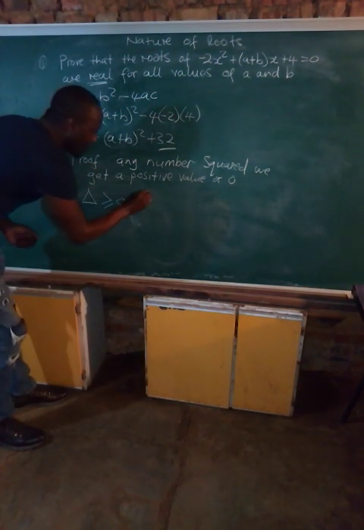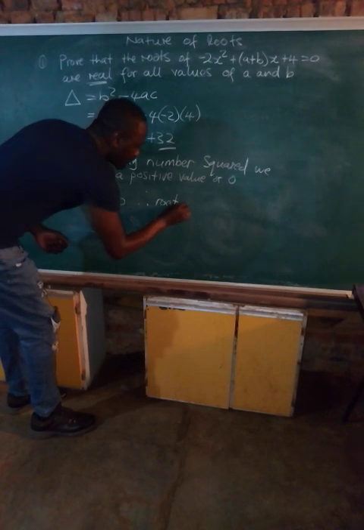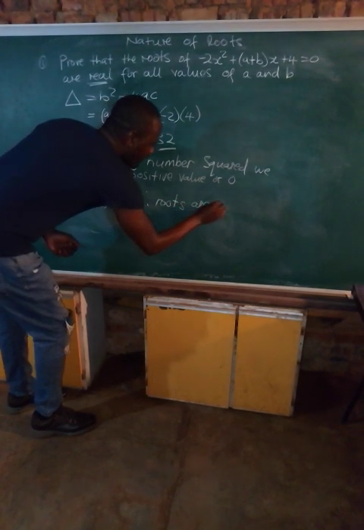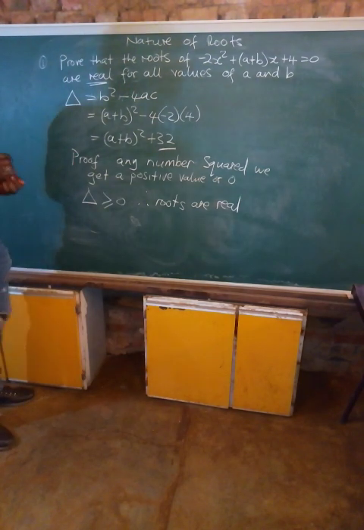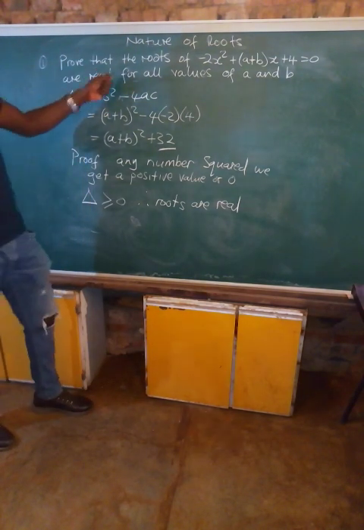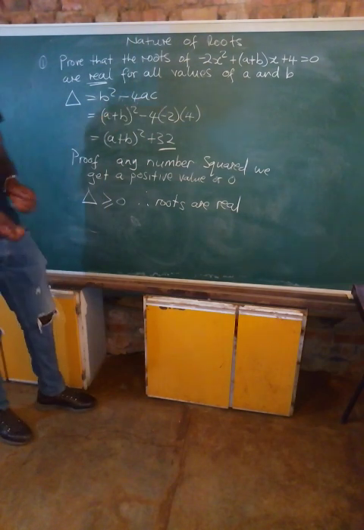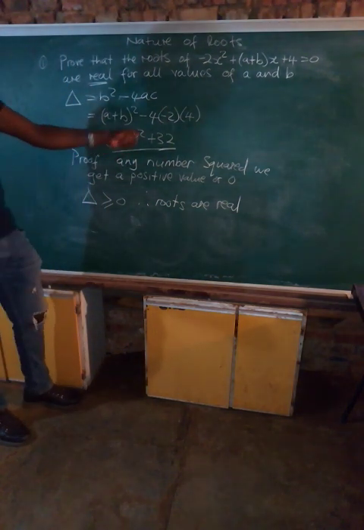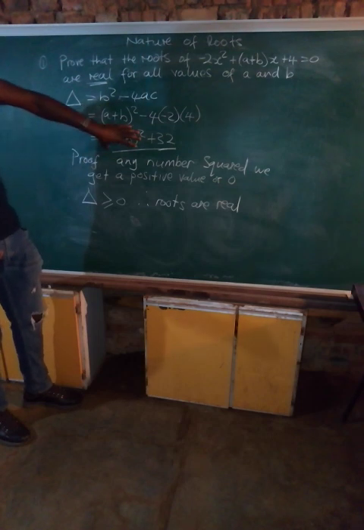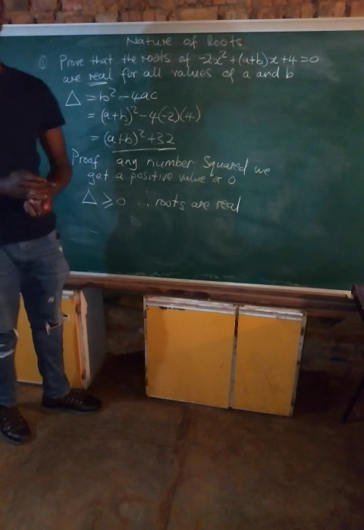So therefore, the roots are real. That's what it means here. So always, for us to have real roots, our delta should be greater than or equal to 0. So it's shown here that if we square any number, we get a positive number, then we add 32.